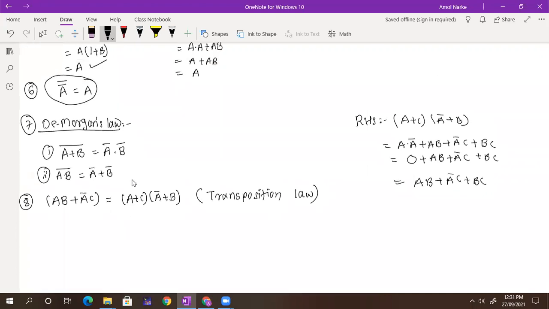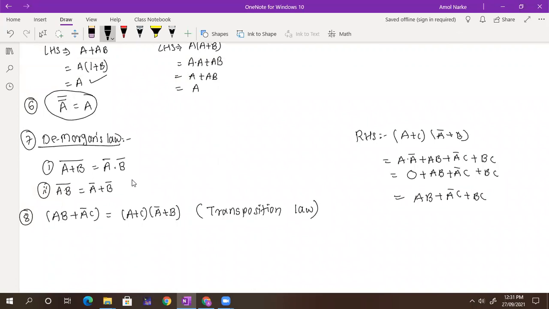Now from AB plus BC we can take B common, because what I want here is A bar plus B. We can keep A bar C as it is aside, and take B common from AB plus BC, then it will be B into A plus C, plus A bar C. Is it okay?